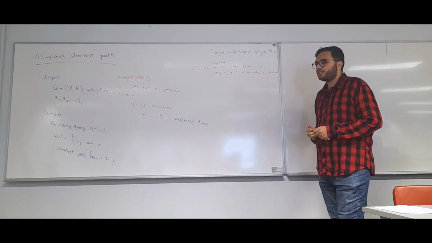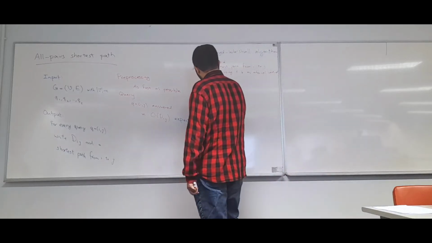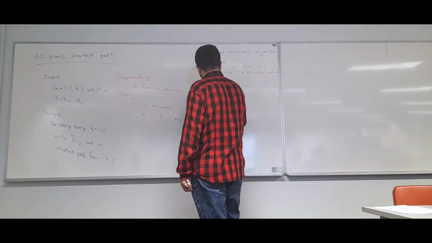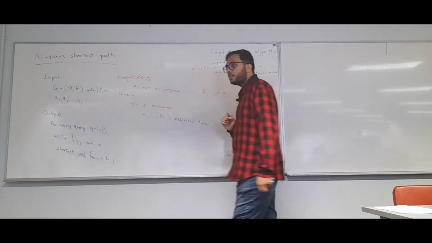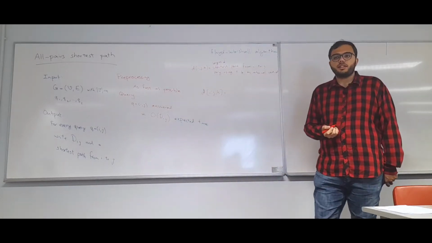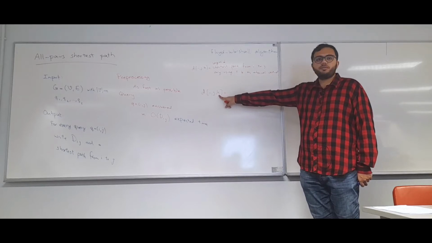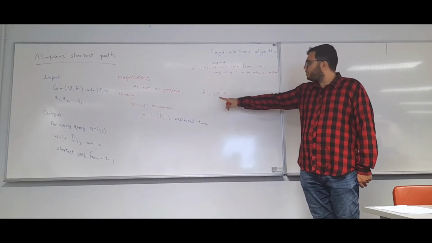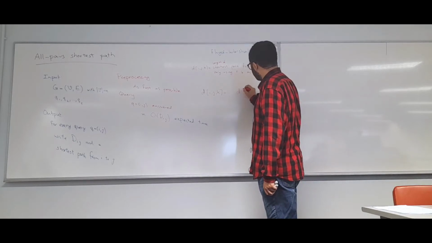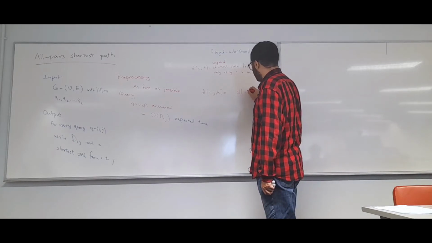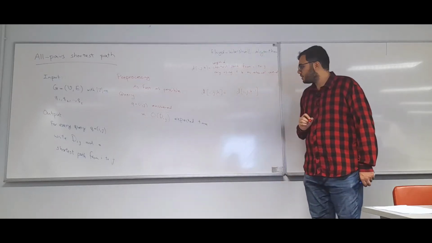And then we had a very simple recursive formula for this. So let's say that I want to go from vertex i to vertex j, and I can use the first k vertices. There are two cases. Either I use this last vertex, vertex number k, or I don't use it. If I don't use my last vertex, then all I get is the distance that I could get with the first k minus 1 vertices, right?